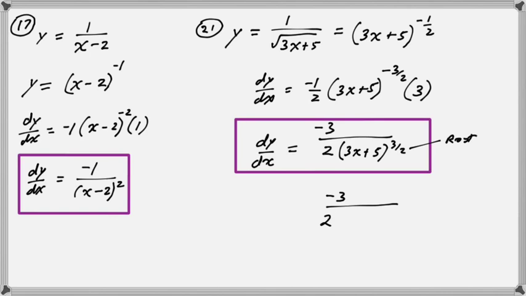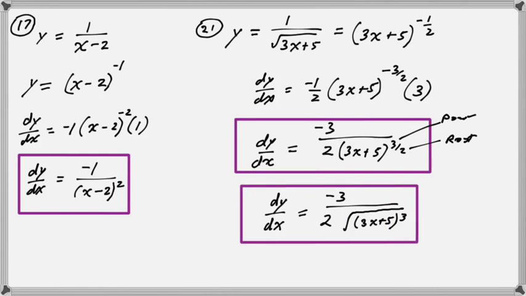It would be a square root of this to what power? (3x plus 5) to the third. Let me see how they leave their answer. So apparently the textbook has this bottom answer because they want it in terms of radicals because the question was expressed in terms of radicals.